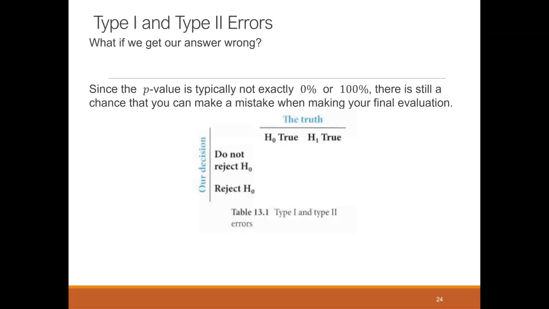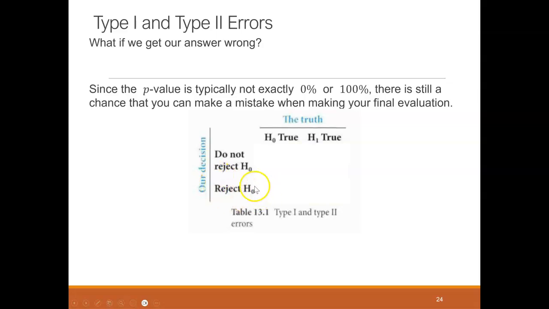So let's say that we have the situation where we have either the null or the alternative. And let's say this side represents the truth and this side represents the result. If we do not reject the null, and the null was actually true, then no problem, right? That's a good test that we did.